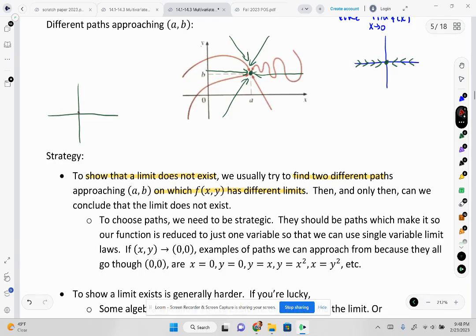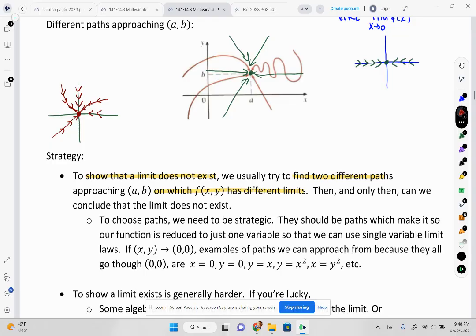We could have x, y approaching along the x-axis, along the y-axis, along the function y equals x, or along the function y equals x squared, or even x equals y squared. There are so many different ways for us to approach this point.